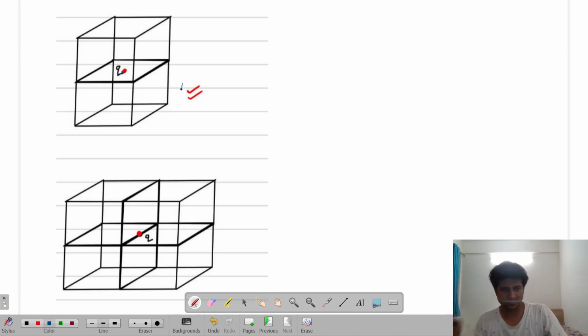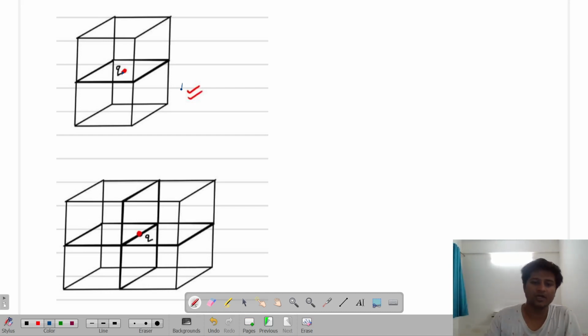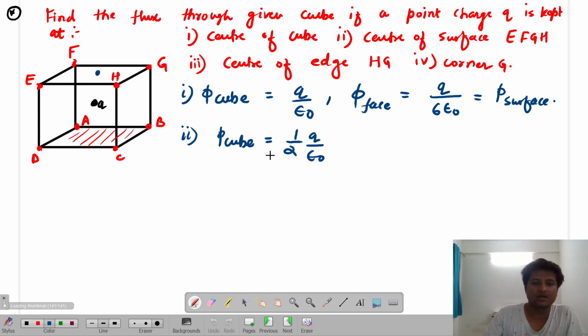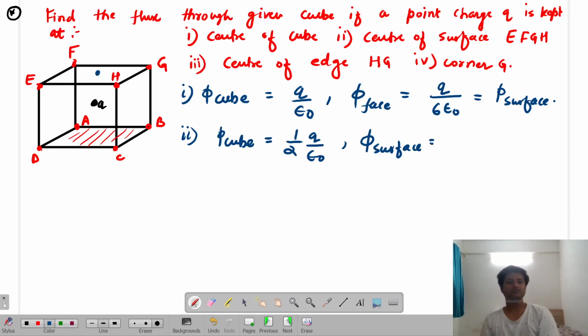Now, most important thing, if I had asked you the flux through any of the surfaces, then what would have been your answer? q by 6. Why 6? I'm talking about any of the faces.